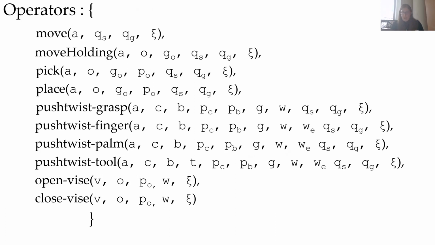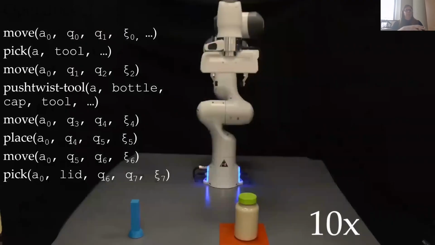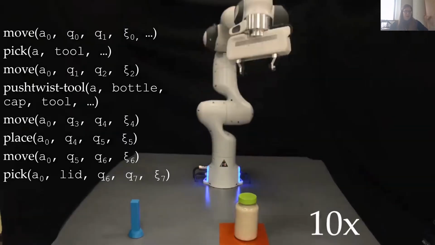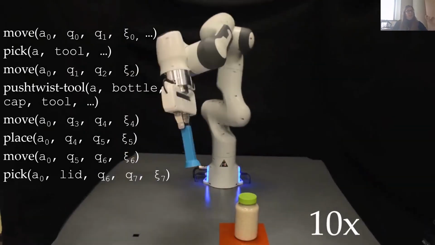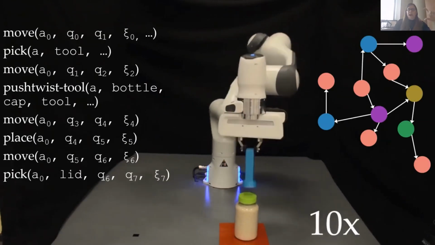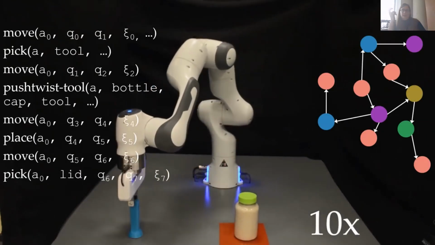Okay, so now we have our task defined, and we have our series of operators. And if we bring back what we talked about before with the planning, if our robot were able to generate the sequence of steps, which is our plan skeleton, the sequence of operators, then this plan skeleton automatically defines what our constraint graph is.